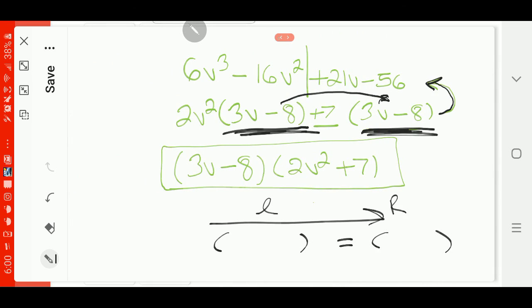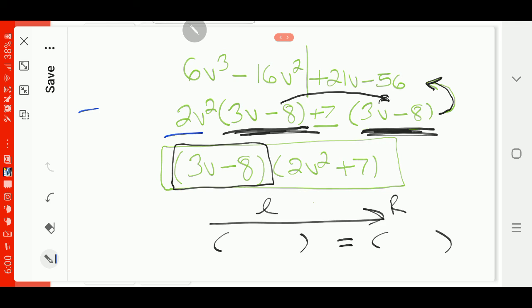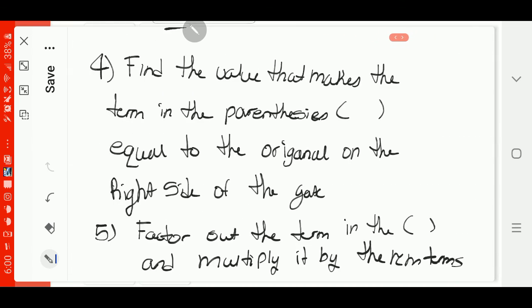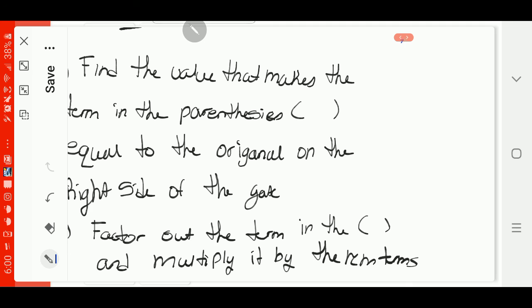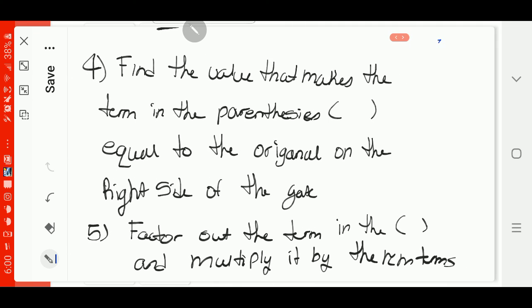So our remaining terms, we factored out the 3v minus 8. Here it is. Woo. And now we're going to take, I'll write this in a different color, our two remaining terms, and we're going to combine them, which gave us our second part of our term. And that is how you factor by grouping. So this is going to be a very important skill in the Regents.